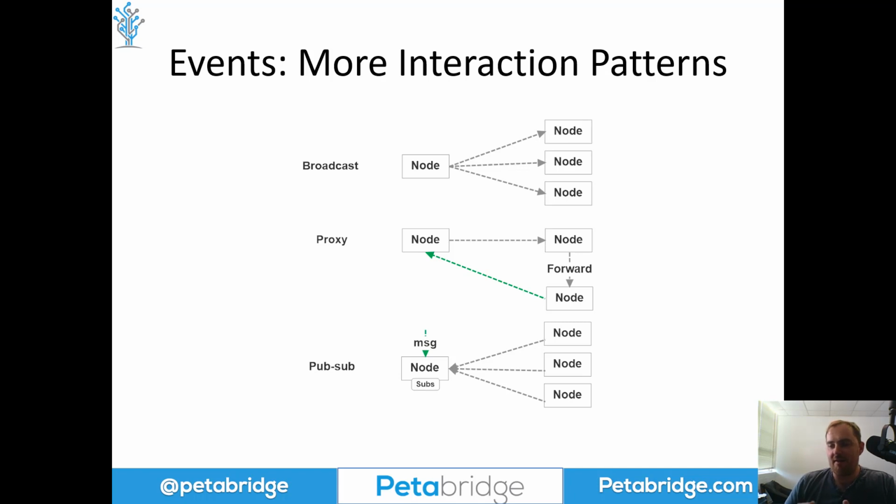And then finally, you might have something like publish and subscribe, where a message arrives at a publisher node, and it publishes those messages back out to multiple subscribers, who can in turn do some work with it and then maybe publish events to their own subscribers downstream. And then we have, of course, one-way messaging, otherwise known as fire and forget.